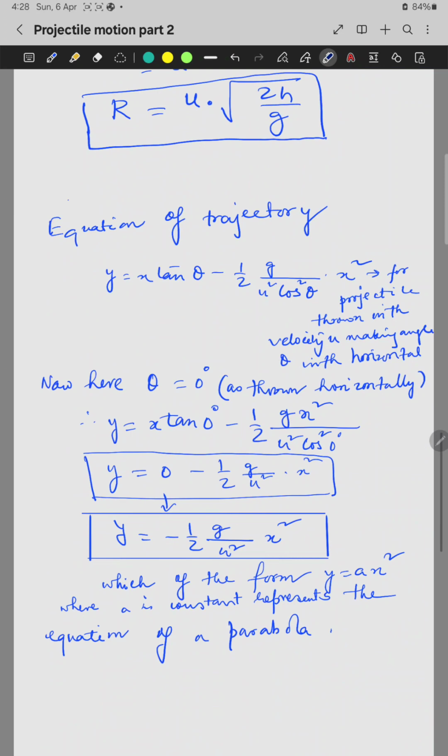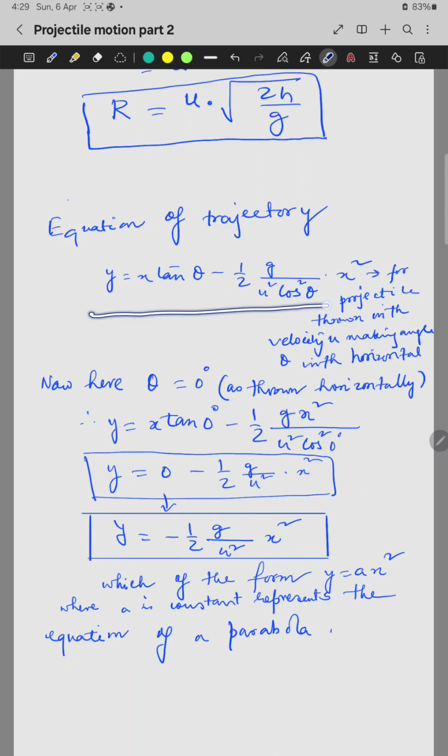Now coming to finding the equation of the trajectory of such projectiles thrown from a height with some initial horizontal velocity, I am first writing the trajectory equation for the projectile thrown with some initial velocity making an angle theta with the horizontal, that is, not thrown horizontally.